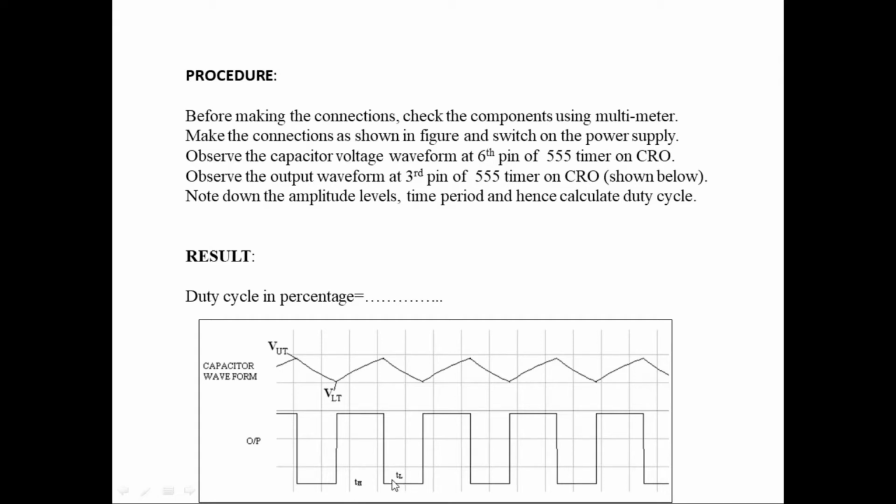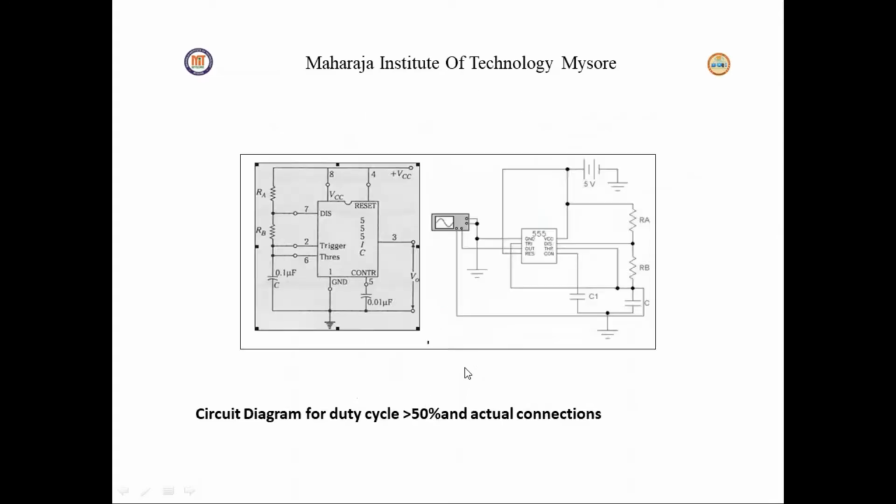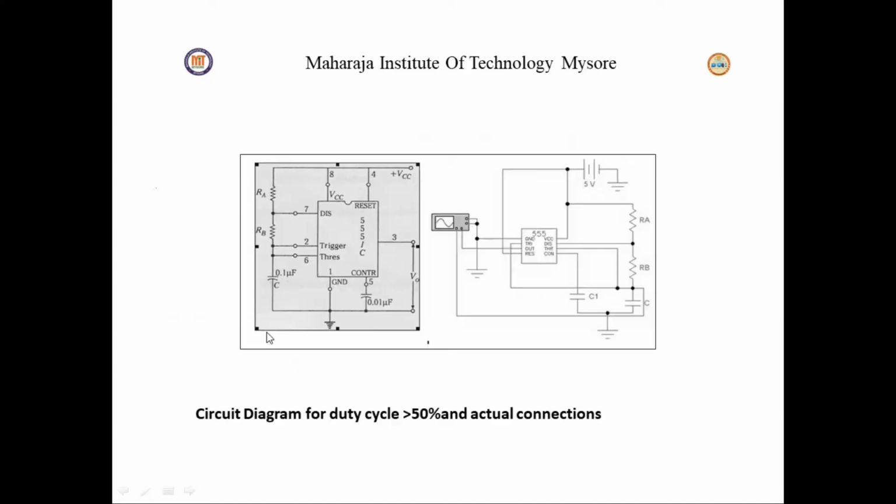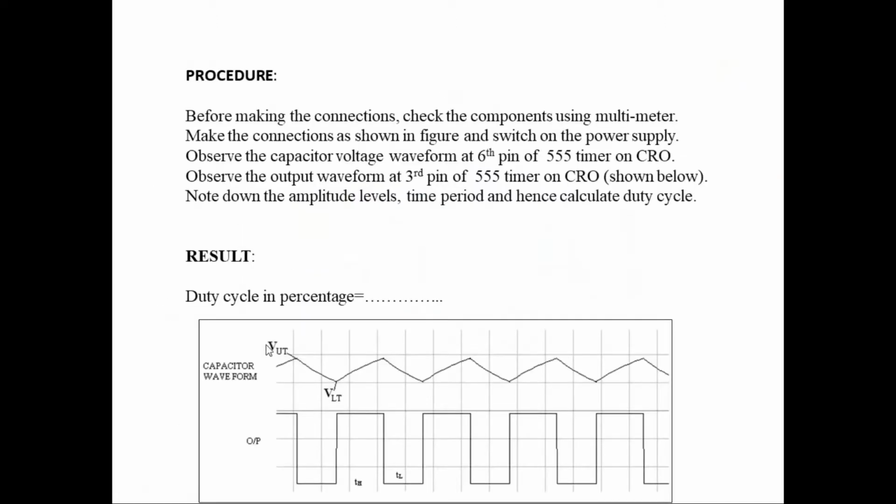So how are we going to calculate the duty cycle in percentage? We have a formula for the duty cycle, that is duty cycle is equal to TH by T. Here TH is what we have to measure, then divided by T. T means TH plus TL.